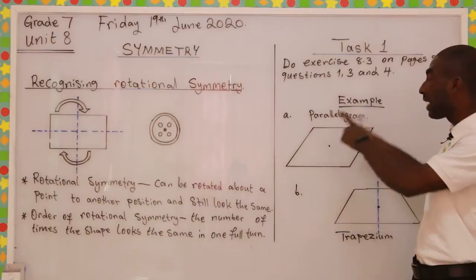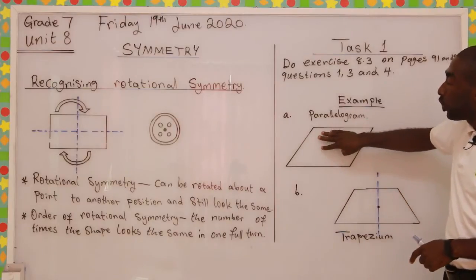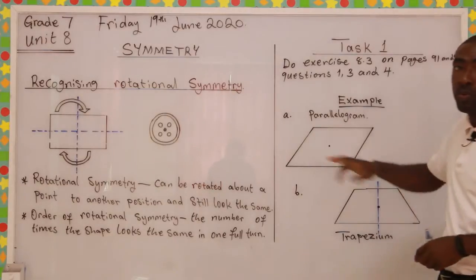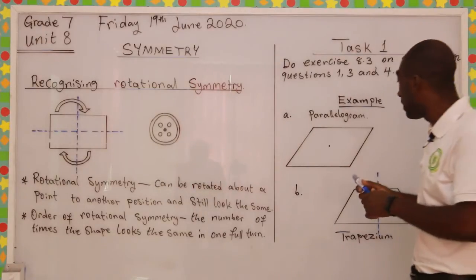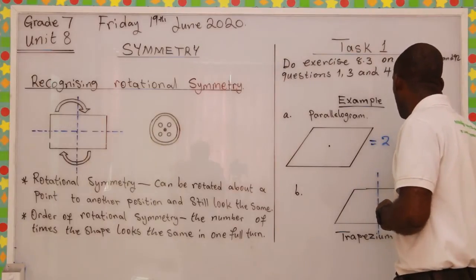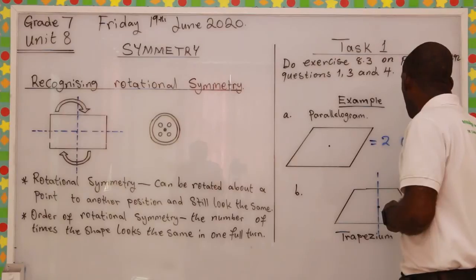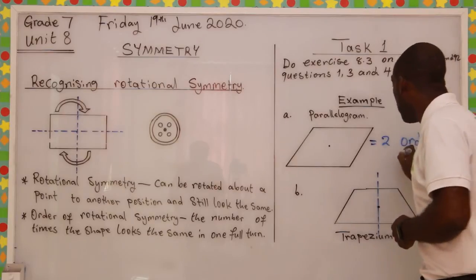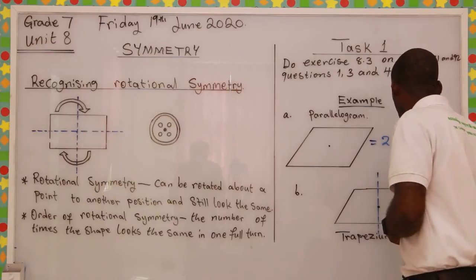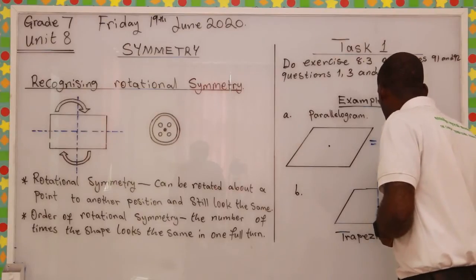If you turn it again, it also gives you the shape that we have here. So this will be equal to 2 order of rotational symmetry.